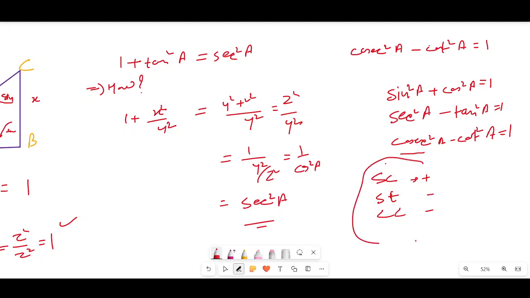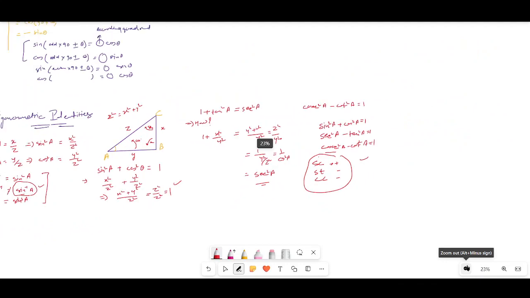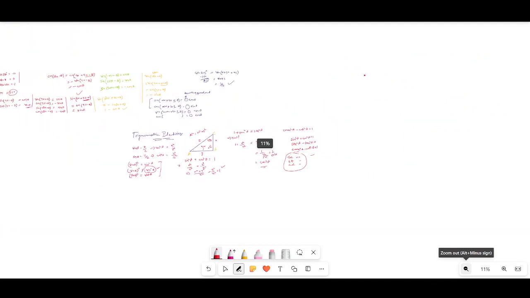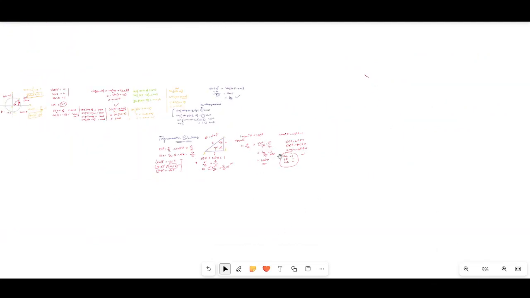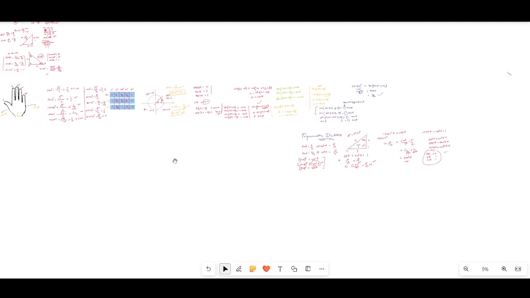This is a way to learn these formulas, these identities. Then you will be able to solve any type of problem. So this is our understanding about this. In this chapter we have discussed many things.